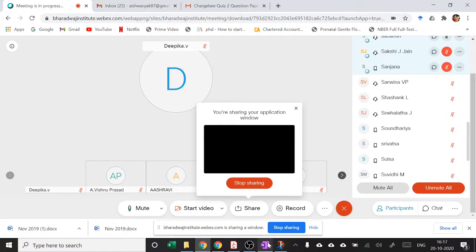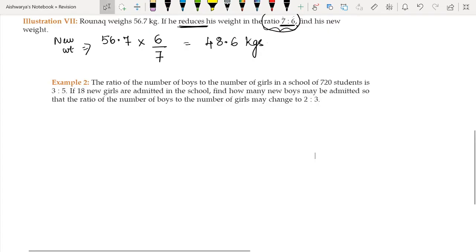Deepika. Correct. So now this is a typical ratio question. So that is why we are taking it up.